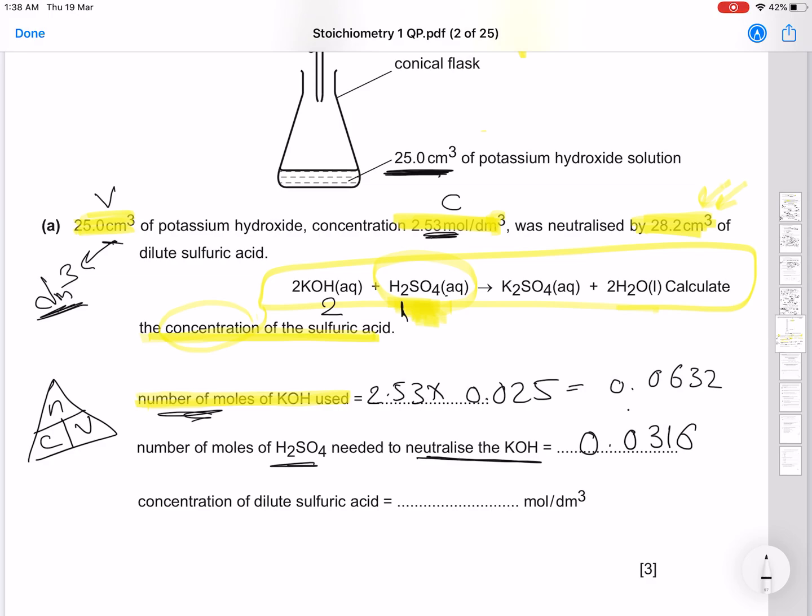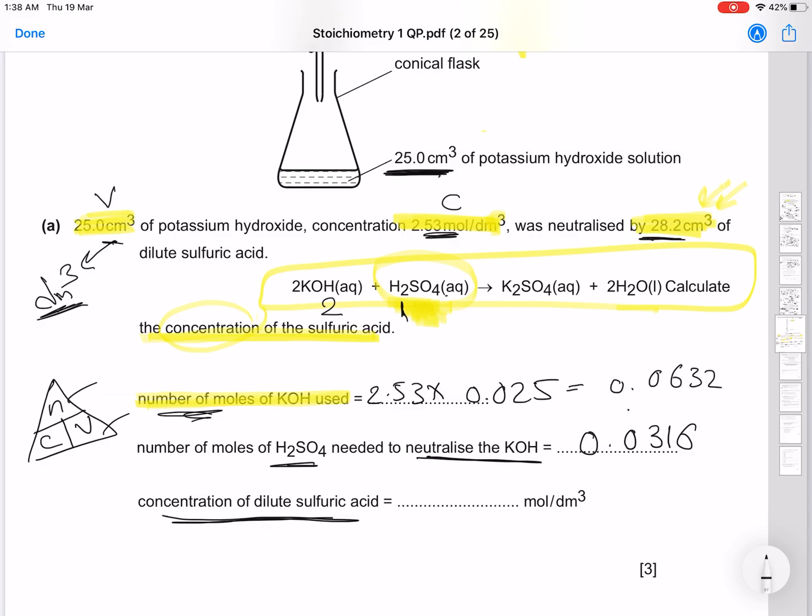Now I need to find the concentration of the sulfuric acid, and I have the number of moles, I have the volume. The volume is 28.2, so I'm just gonna convert it to decimeter cube.